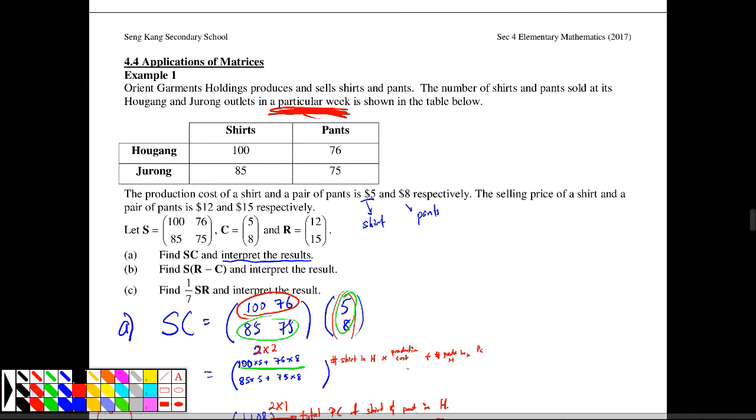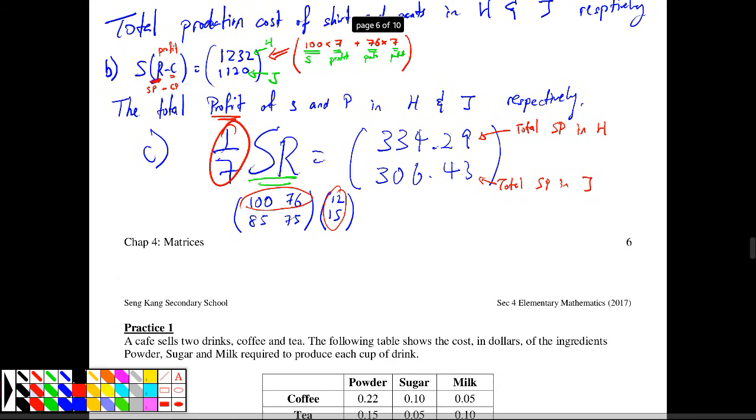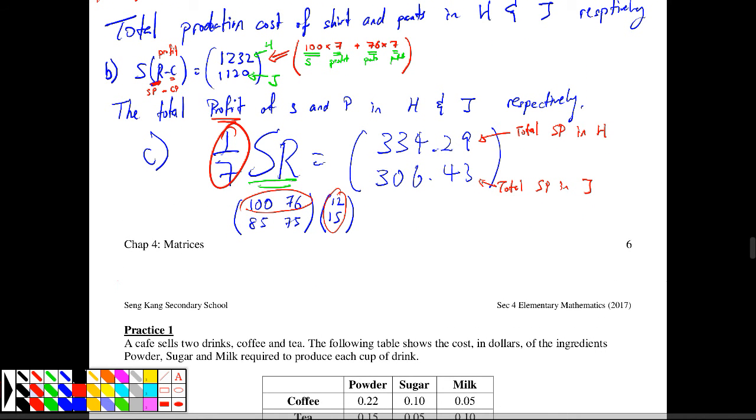Okay. So how do you interpret this? Total selling price. Shh, the rest.